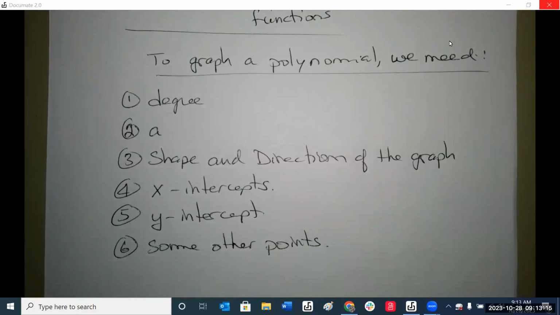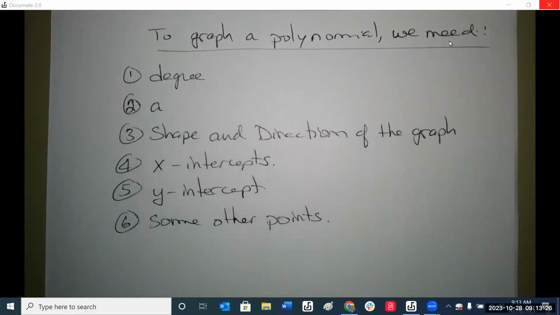Because we're going to know what it looks like. What we're not going to know is all the points. So we have to figure out some points to know the basic shape. We have to plug the dots in so we know what we're looking at.